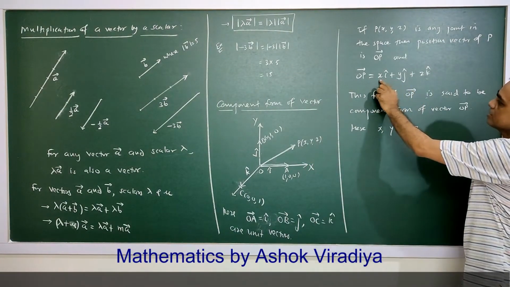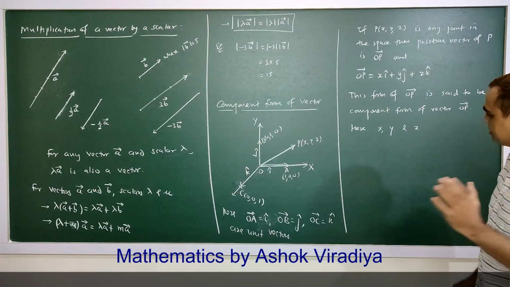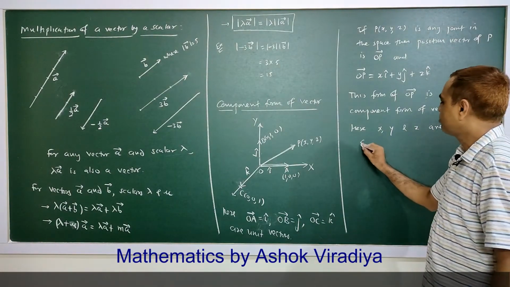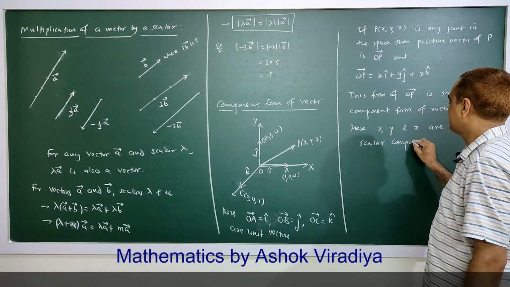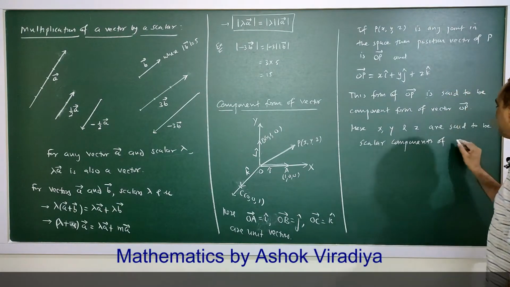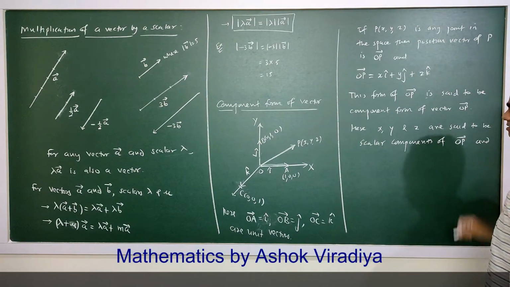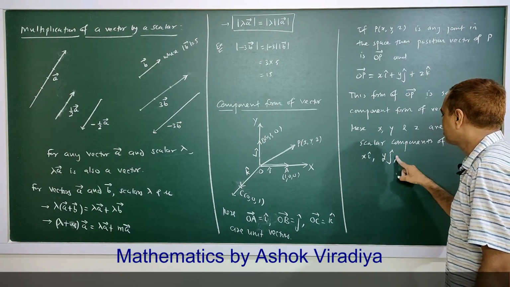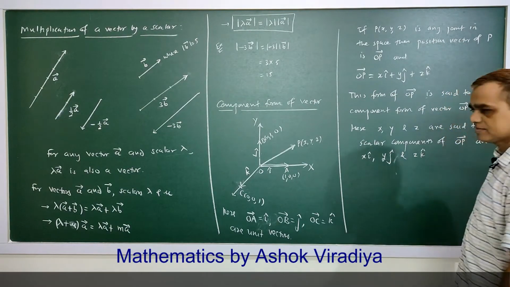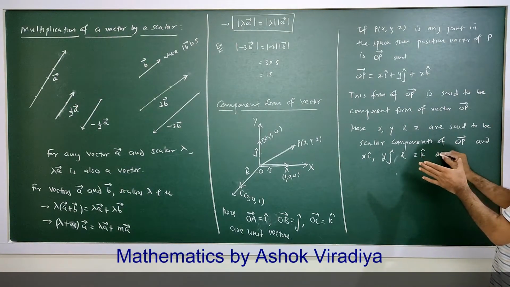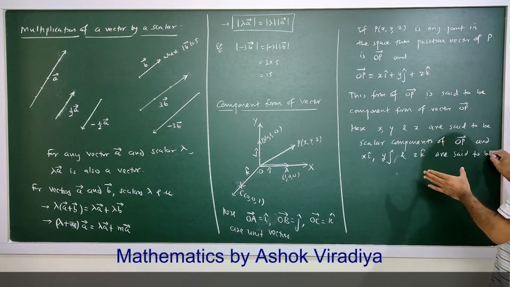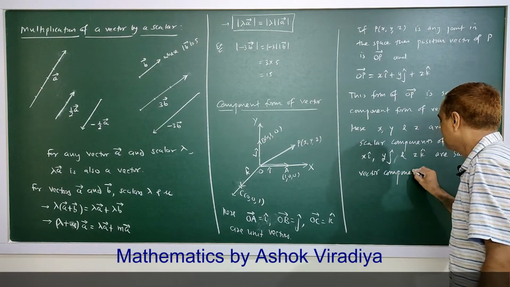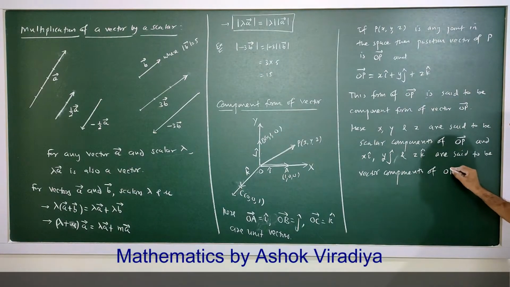So these numbers which are coefficients of i, j, k are said to be scalar components of vector OP, and x i cap, y j cap, z k cap are said to be vector components of vector OP.